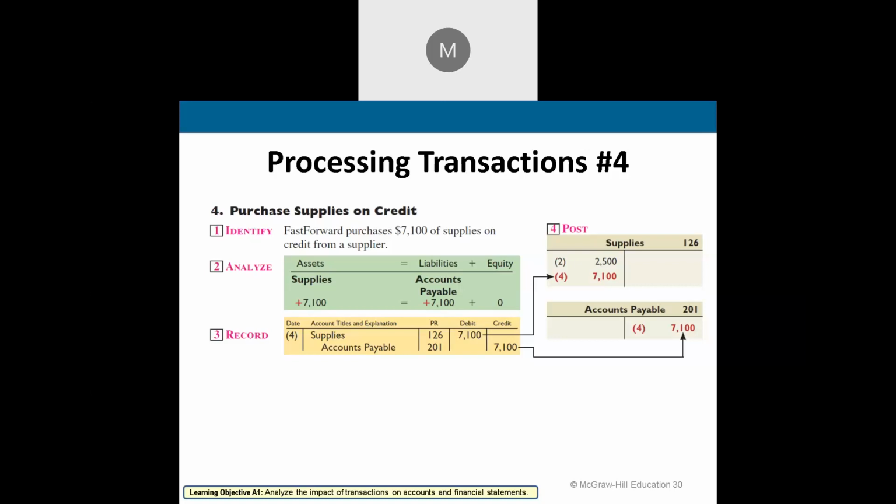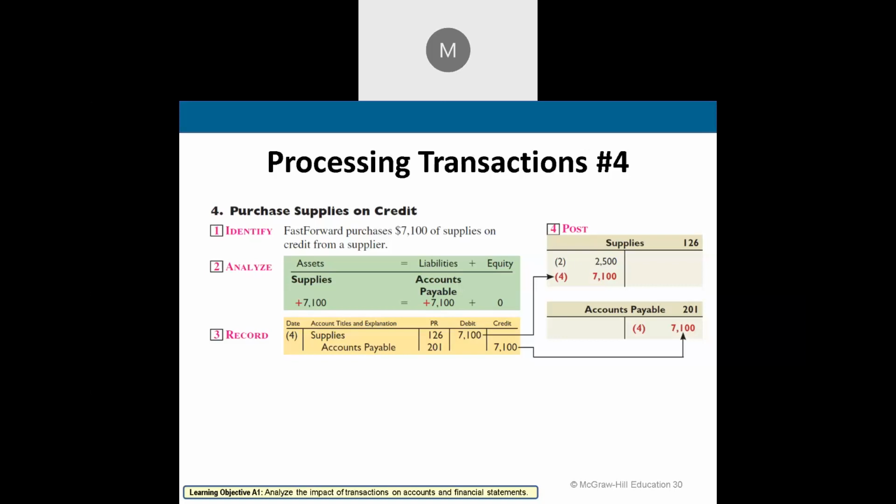So in this example, our company bought $7,100 of supplies on credit from our supplier. We look at the transaction and analyze it. We say we increased assets and we increased liabilities, because remember, I bought it on credit. I still have to pay them. So I debit supplies, the asset account, to increase the supplies.